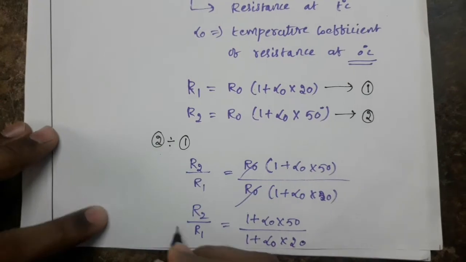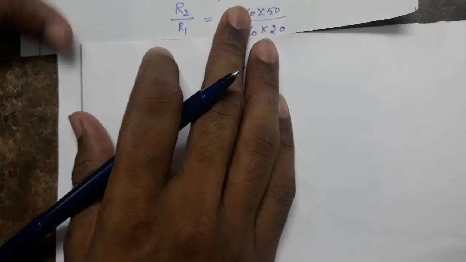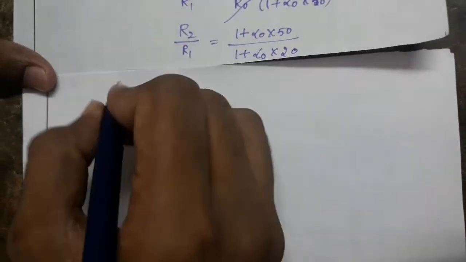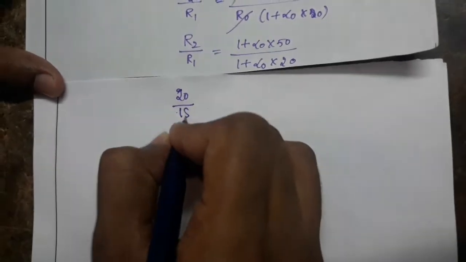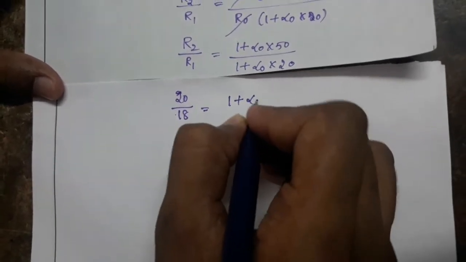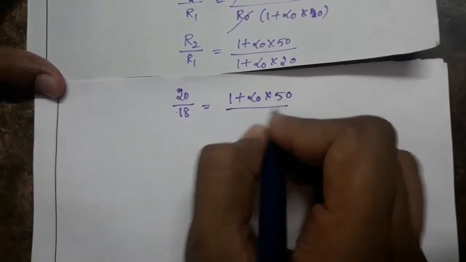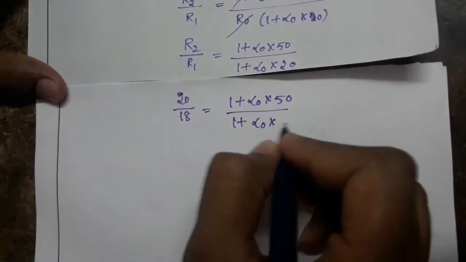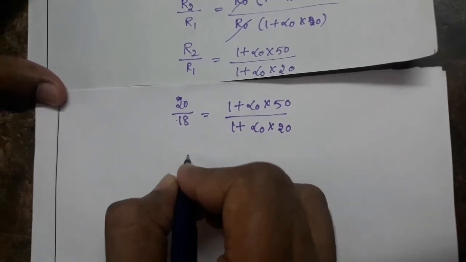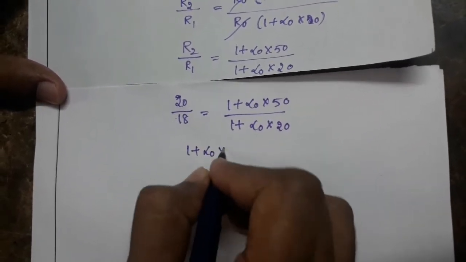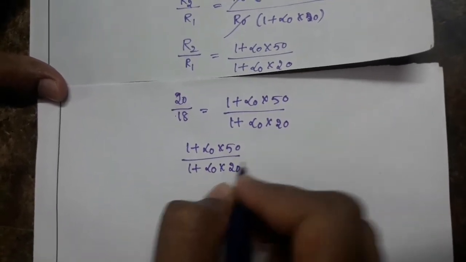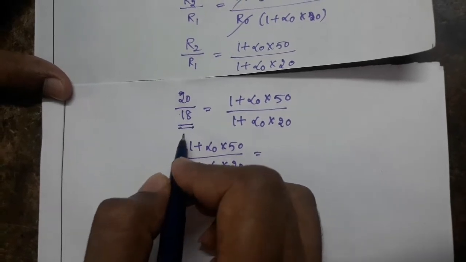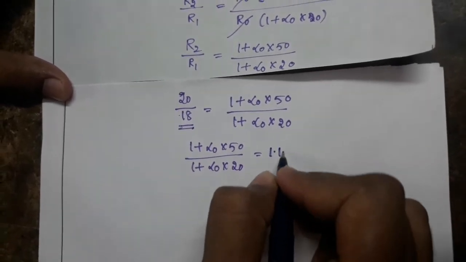We know R2 equal to 20 ohms, whereas R1 equal to 18 ohms. So I am rewriting the above equation: (1 plus alpha naught into 50) divided by (1 plus alpha naught into 20) equal to 20 divided by 18. By solving this, we will get 1.1111.